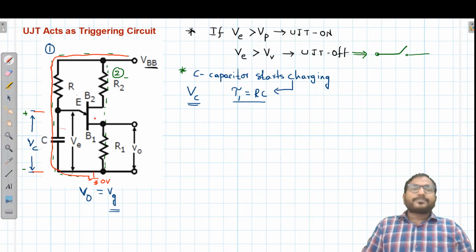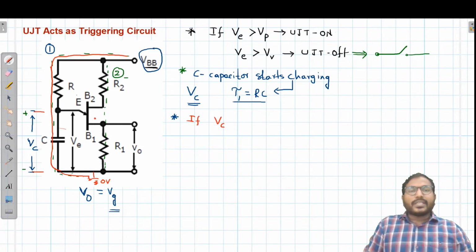Coming to the next very important point: while the capacitor is charging, its voltage increases from 0, and the maximum capacitor charging voltage is equal to the supply voltage VBB. While the capacitor is charging, at a particular point the charging voltage VC becomes equal to VP, the peak voltage of the UJT.